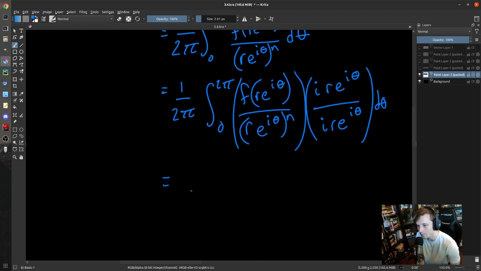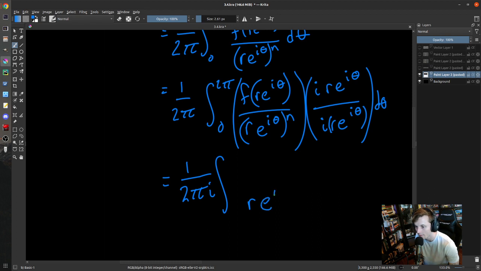Okay. Now I'll leave this 1 over 2 pi right here. Notice that I can bring this r e to the i theta into this one, right? So I'll rewrite this really quick. I'll even bring this i outside, if you don't mind, because it's just a constant I won't need.